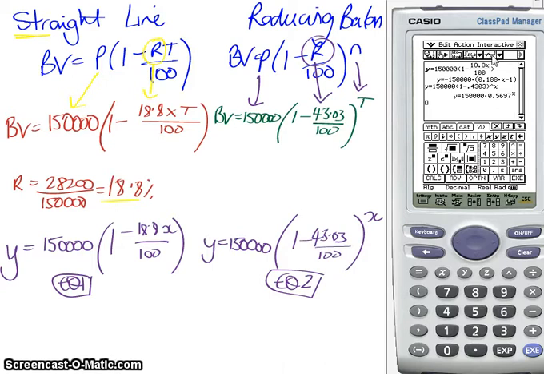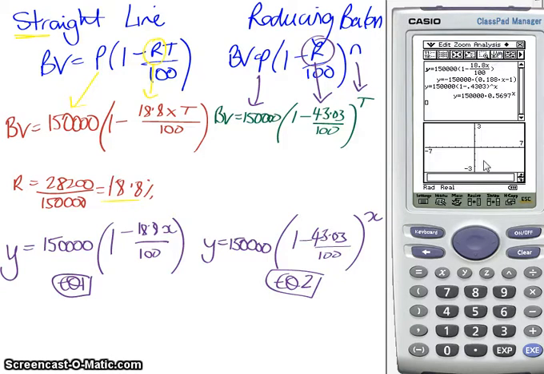Now I press this button here, the graph button. The graph appears down the bottom. I click on that first answer there, drag it down, and on the second answer, drag it down. You need to ask yourself, why can't I see the graphs yet? Well, on our y-axis, we've only gone between minus 3 and 3. Our y-axis is our book value. We know that needs to start at least 150,000, so this is not big enough.